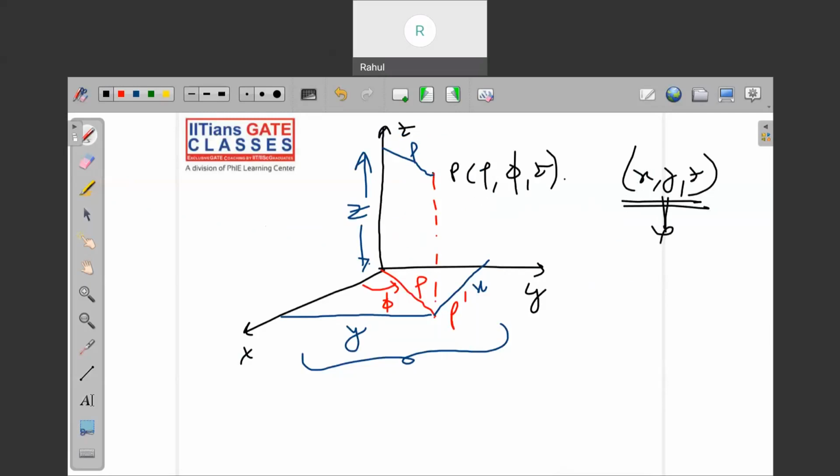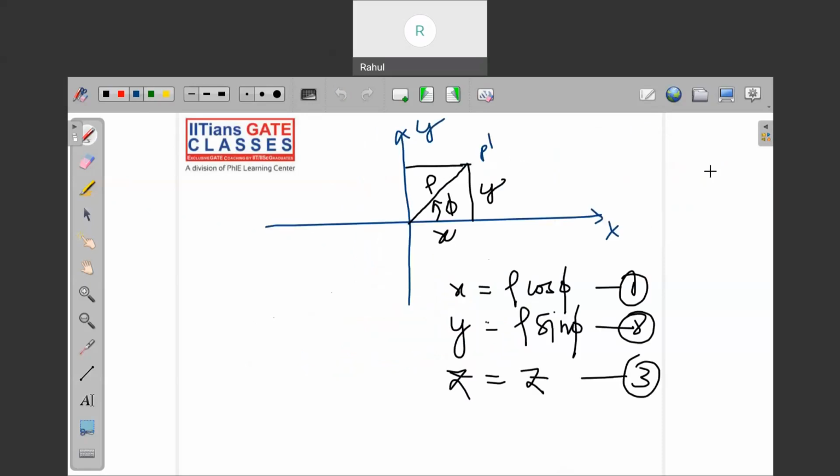Here rho and phi are the new parameters introduced in the cylindrical coordinate system because of the cylindrical symmetry of the structure. Rho is the radius, phi is the angle, and z will be the same for both. Understand? So no problem at all.